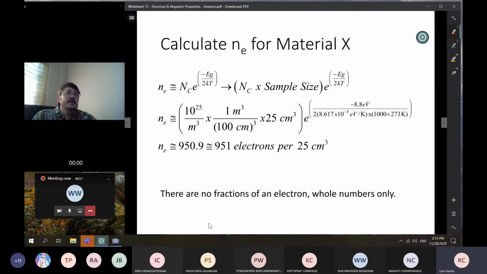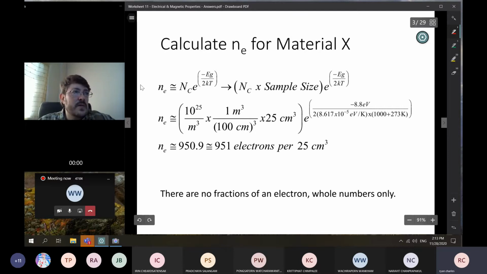All right, so calculate the number of electrons for material X. What do we have here? Here's our equation. N sub C, the density of states, is per cubic meter. But you only want it for 25 cubic centimeters. You have to modify this based on the sample size, right?